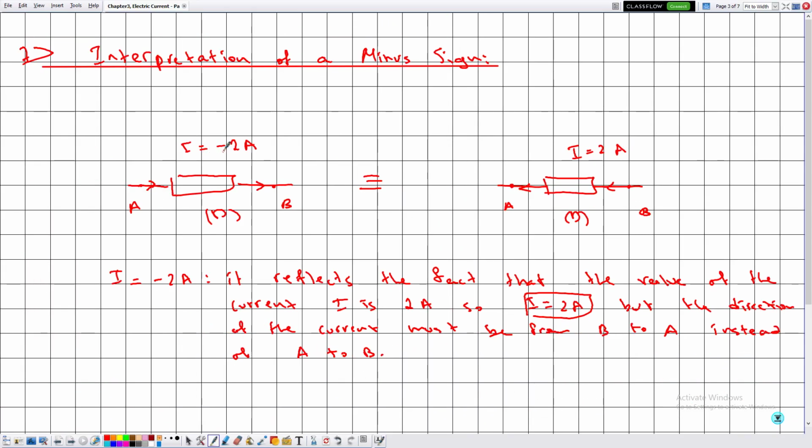So we change I from negative to positive, and we change the orientation of the electric current.